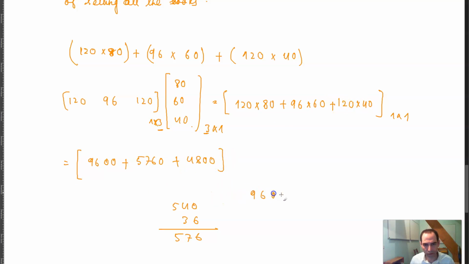Then you add 9,600, 5,760, and 4,800, which gives you 20,160, and that is the total amount of money that the bookstore will receive, right? 20,160 rupees.